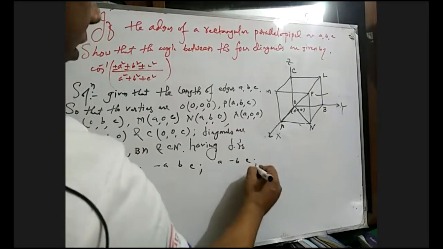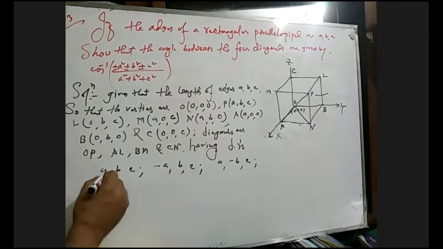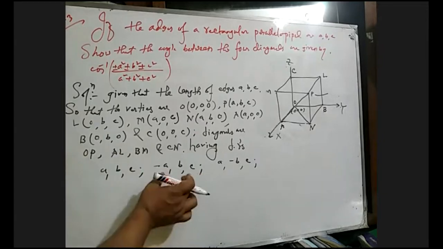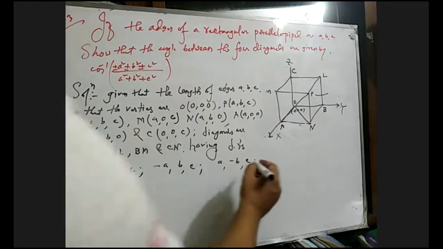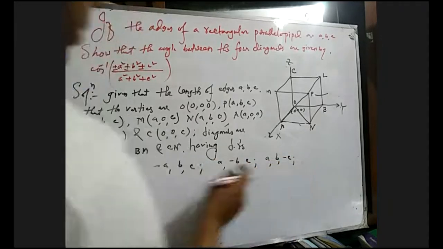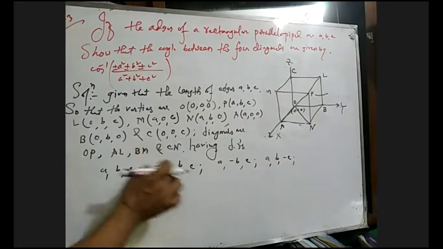This is a semicolon, remember it: after every set of ratios we use a semicolon. Then a, b, minus c. Remember it.